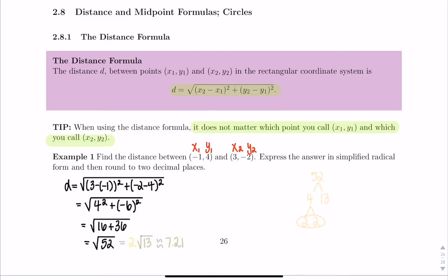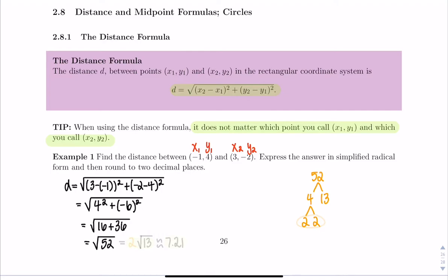So the way to simplify it, people do this in different ways. Personally, I like to use a factor tree. So I will take 52 and I'm going to break it apart. So 52 is 4 and 13. 13 is prime, but 4 can be broken apart into 2 and 2.